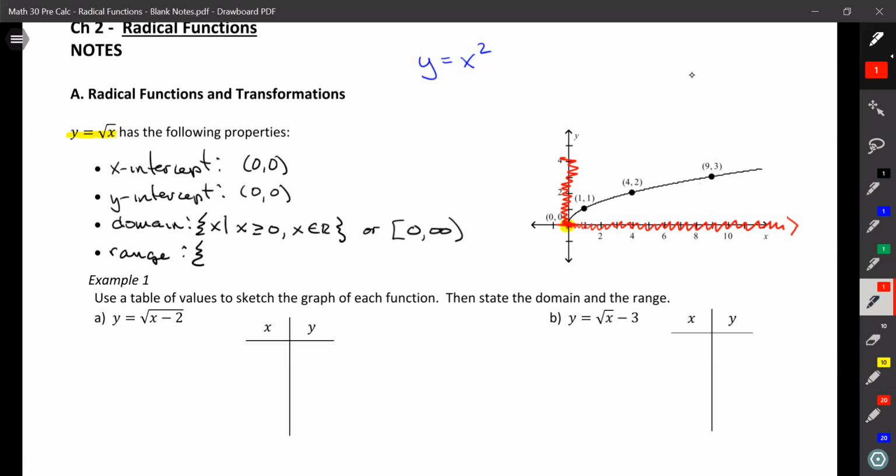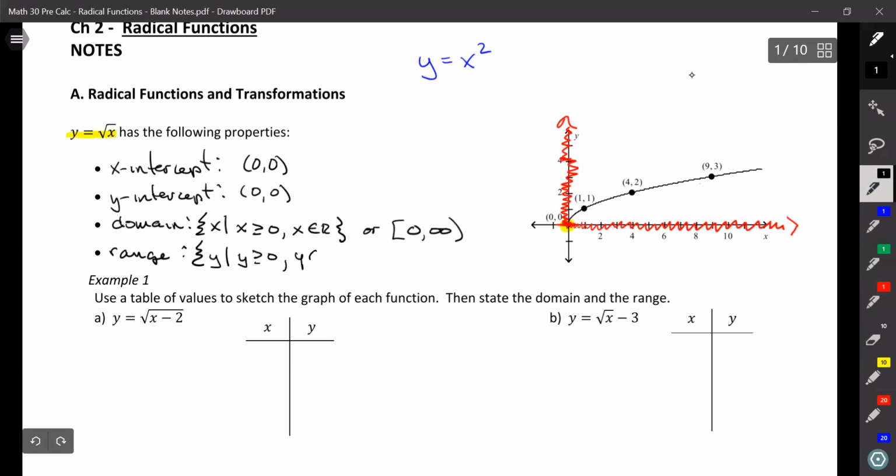It might look like after a while that it's flat, but it is always moving up. So for the range we have y such that y is greater than or equal to 0, y element of the reals, or again an interval, [0, ∞). Those are the base characteristics of y equals the square root of x.